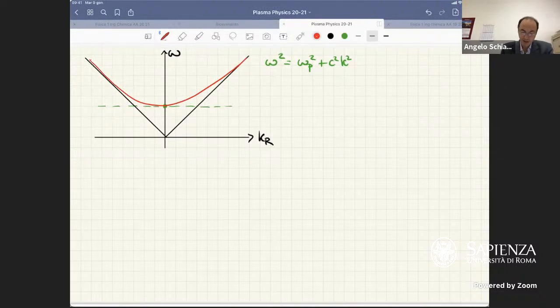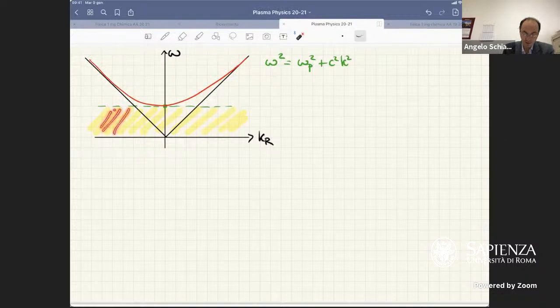Okay. And we see that omega has to be, let's highlight this region here. In this region, we don't have solutions. So you remember that the dispersion relation is telling us the space of solutions available for wave propagation, and this is this red curve here.